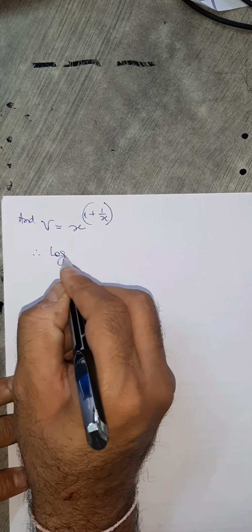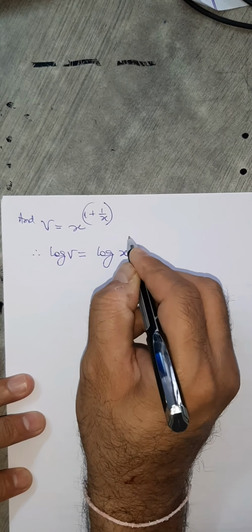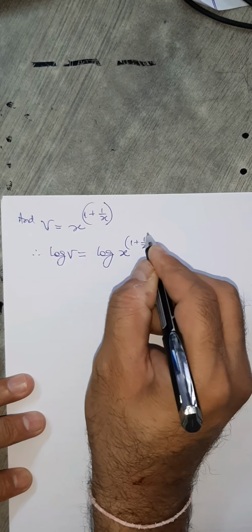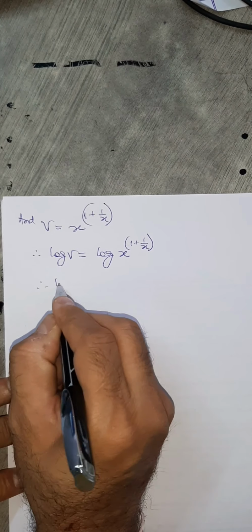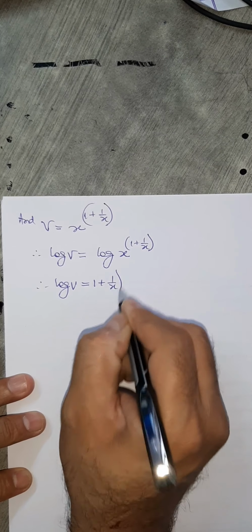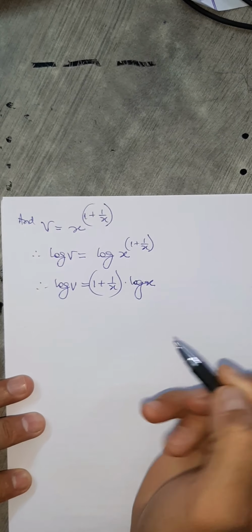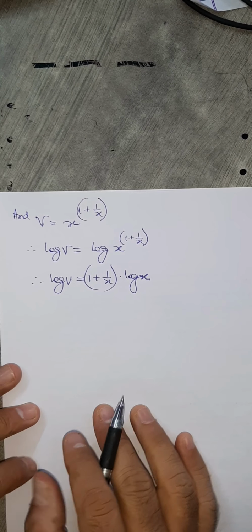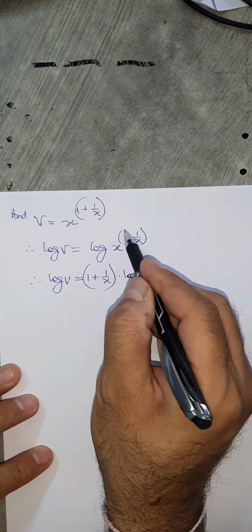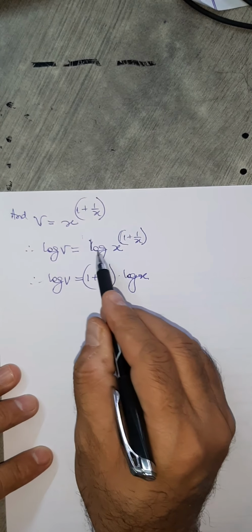So log v equals log of x raised to (1 plus 1 upon x), and this will come in product. So log v equals (1 plus 1 upon x) into log x. This will come in product and log x as it is.